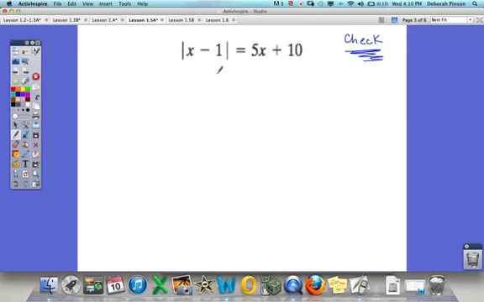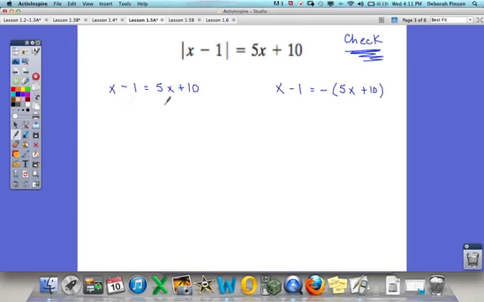Now I'm going to do the same thing. I'm going to take my x minus 1, and it's going to be in both my equations. The first one is going to be equal to this value here. The second one is going to be a negative version of that, like in the last problem how we had the -12. Now quickly I'm going to solve these.